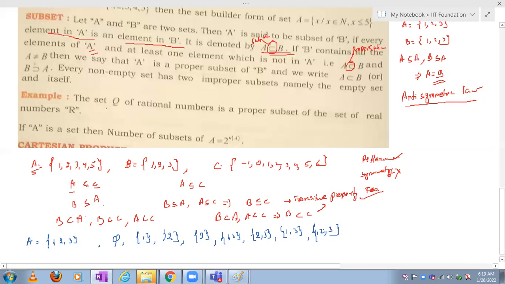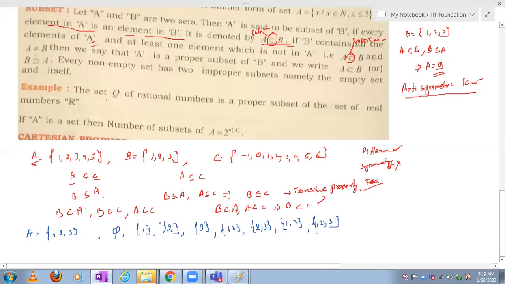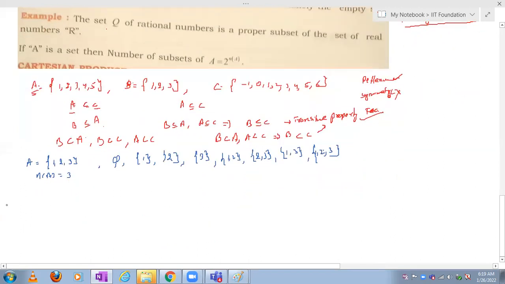That means if the number of elements n of A is equal to 3, number of subsets of A is equal to 2 to the power of n of A. 2 to the power of 3, that is 8. 8 subsets you will get.